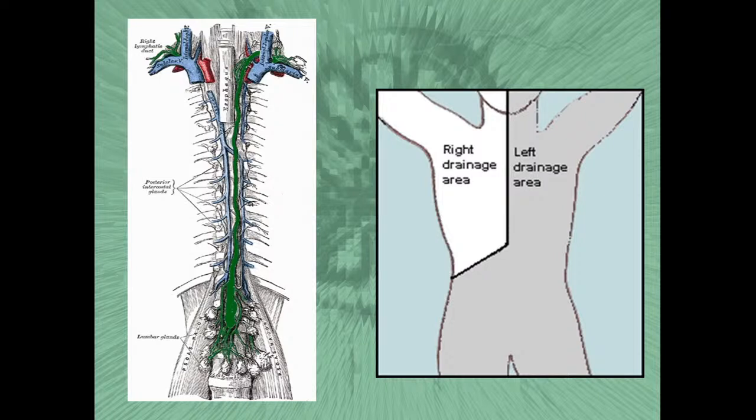In this case, its tributaries empty directly into the right internal jugular and subclavian veins. The tributaries of the right lymphatic duct are the right bronchomediastinal trunk, right subclavian trunk, and right jugular trunk.